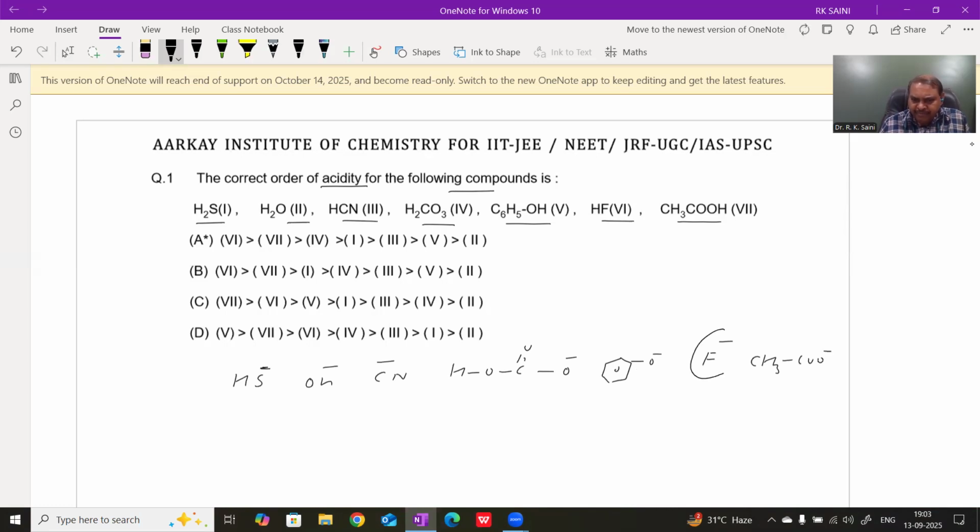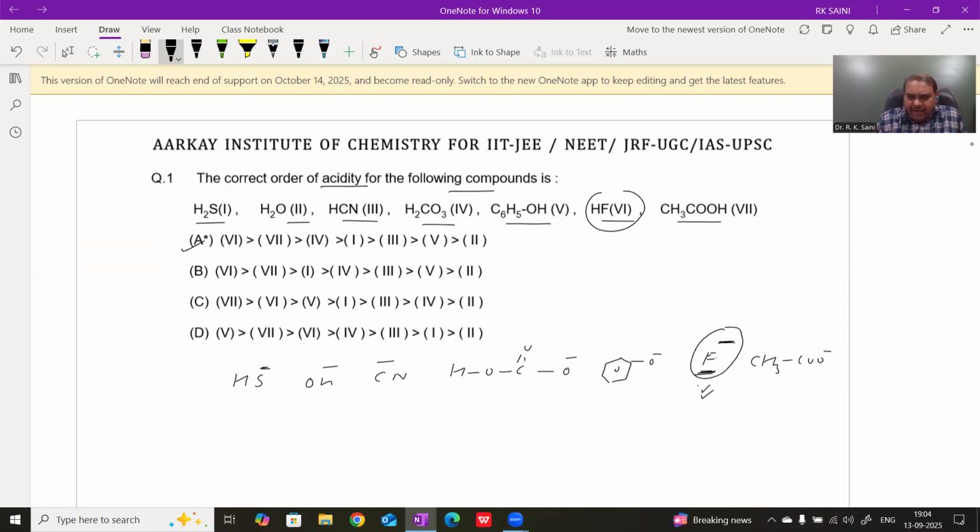Among all conjugate bases, fluorine has the highest electronegativity, and it is a second period element. Highest electronegativity among all known elements, and the negative charge is present according to its nature, as well as the smallest anion among these. Therefore, more solvated, and hence HF is the strongest acid in the given question.